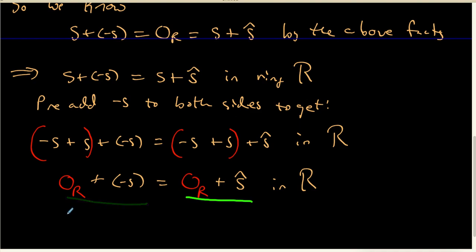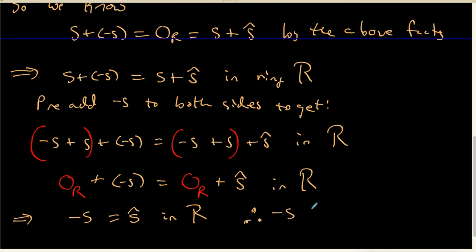In other words, to finish this proof off, minus s and s hat are the same thing inside R, and what that says is that minus s has to belong to capital S, since we already know that s hat belongs to capital S, and that completes the proof.